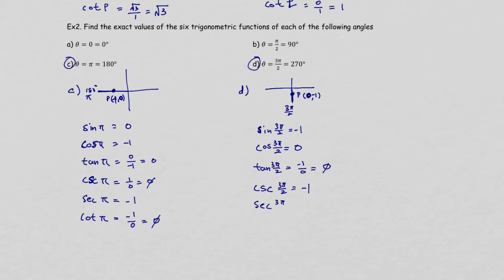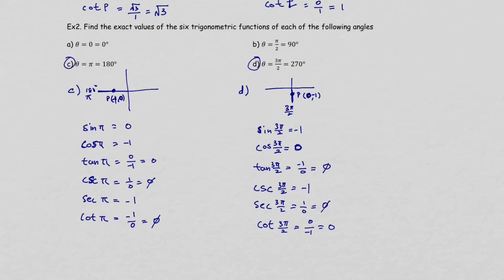Secant of 3 pi over 2 is going to be 0 over 1. Flip will be 1 over 0, so that will be undefined. Cotangent of 3 pi over 2 is going to be tangent flipped, so it will be 0 over -1, which is 0.